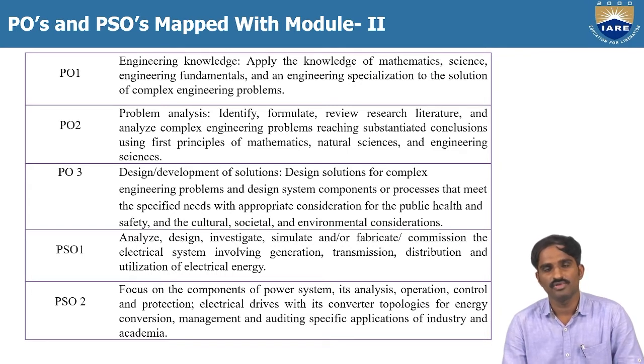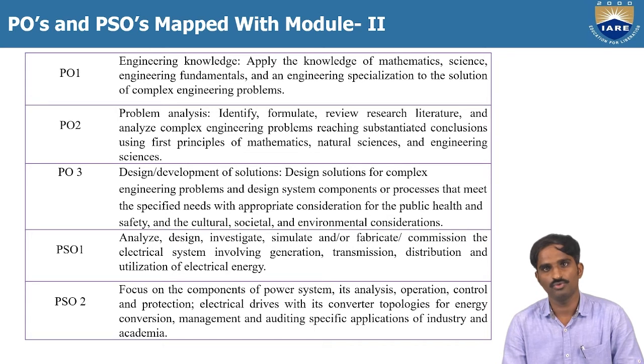And PO2 is problem analysis: identify, formulate and review research literature and analyze complex engineering problems, reaching substantiated conclusions using first principles of mathematics, natural sciences and engineering sciences. Again, this PO2 is mapped with CO4.